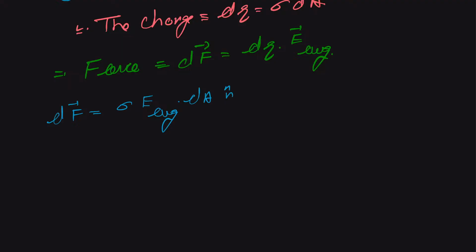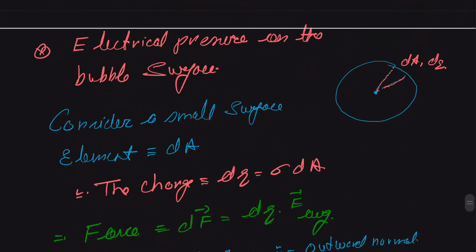Okay, that is the representation of a direction. And the electric field, we know, is always normal to the surface, so the force will follow the same path. So our n unit vector will be the outward normal, which means it will be in this direction.